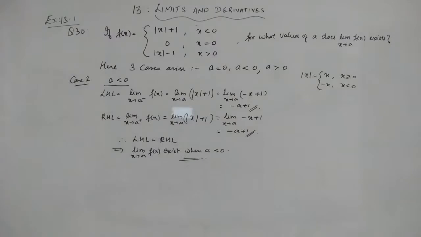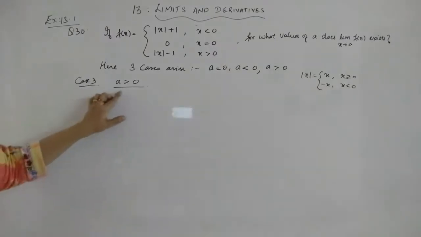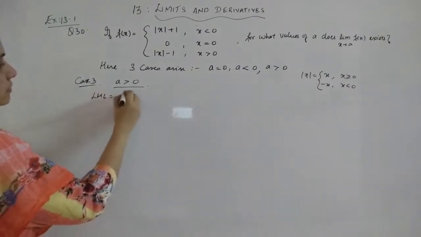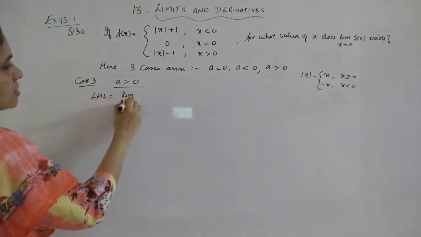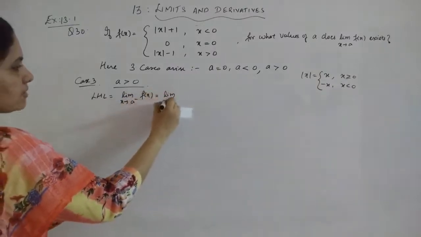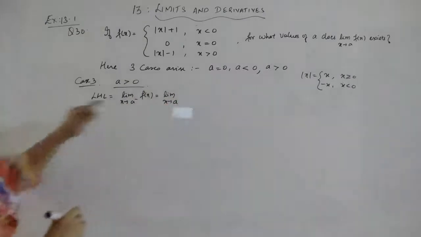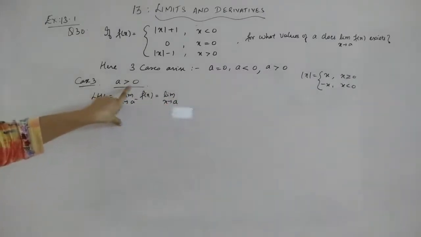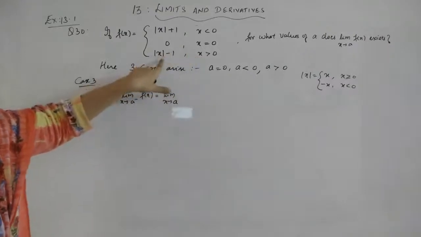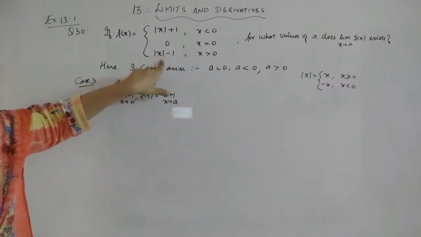Now comes the third case, when a is greater than 0. Now for the third case, where a is greater than 0, you will have left hand limit is equal to limit x tends to a minus f of x, that is limit x tends to a. Again it is a quantity which is greater than 0. So for all those values which are greater than 0, the function is chosen to be mod x minus 1.